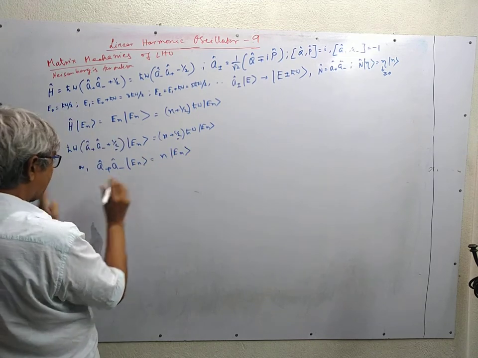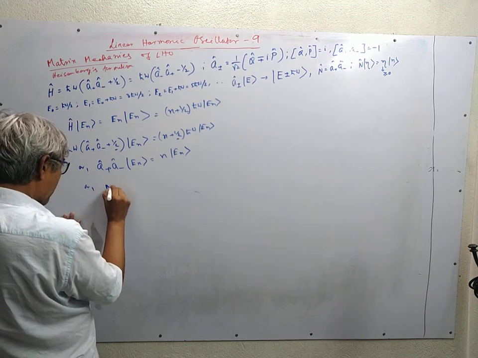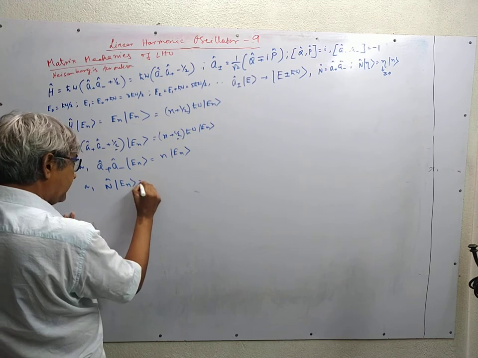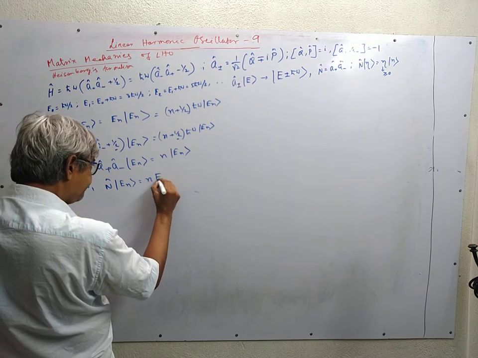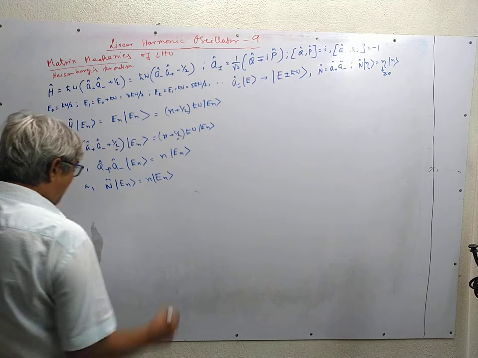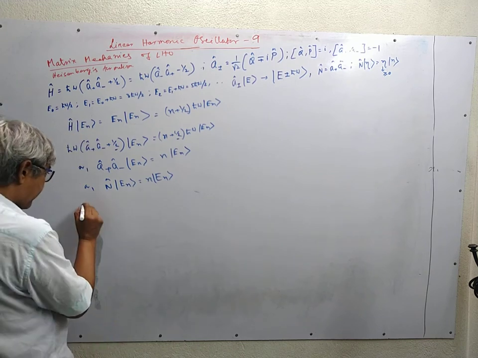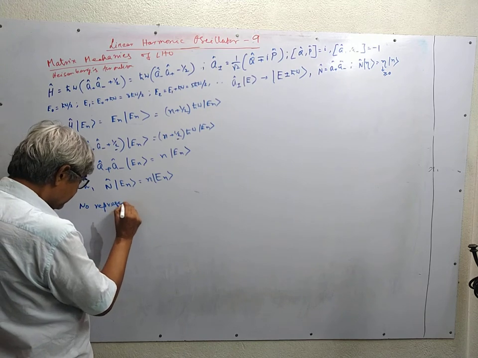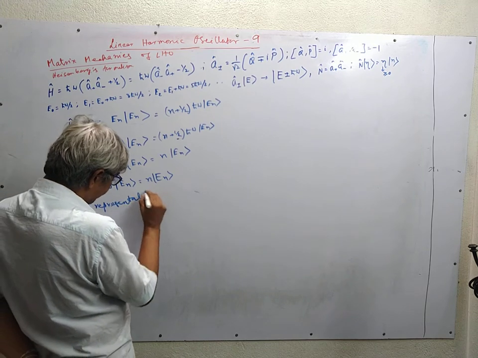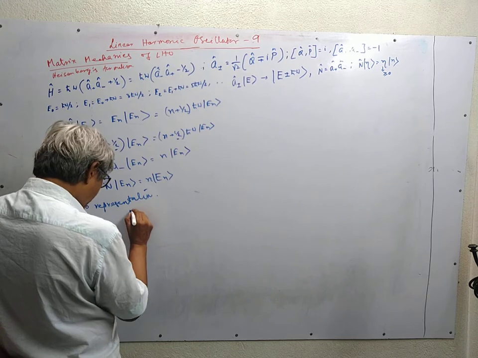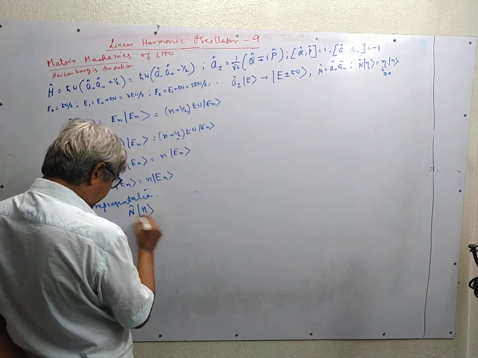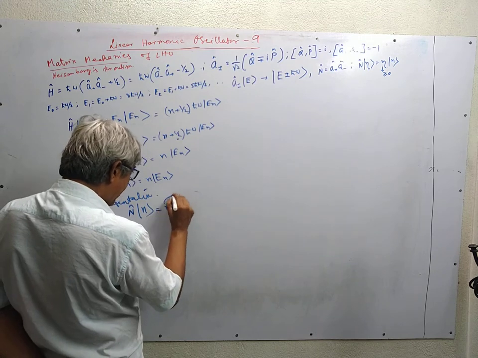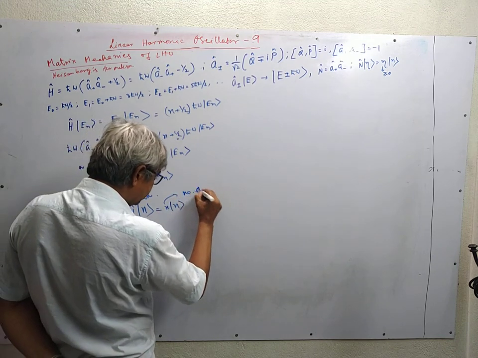The h cross omega cancels out, so the number operator N operating on the energy eigenket gives you n En, from which we go to the number representation: N operator operating on the eigenket n is equal to n, where this n is the number of photons.